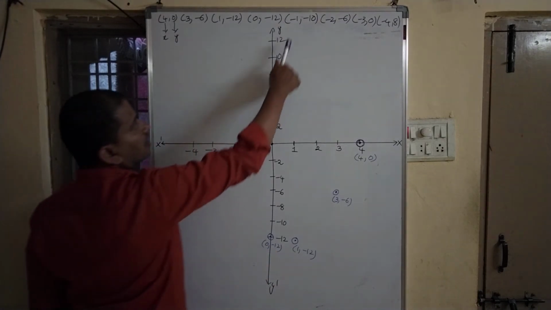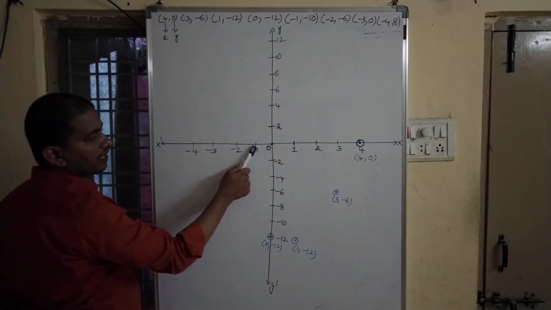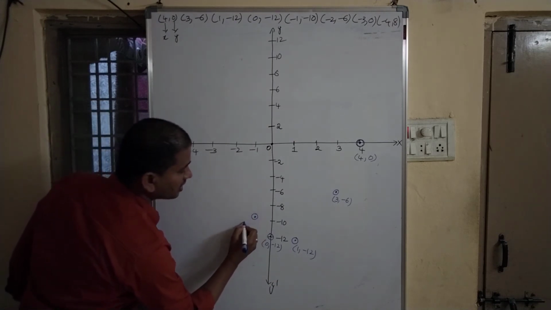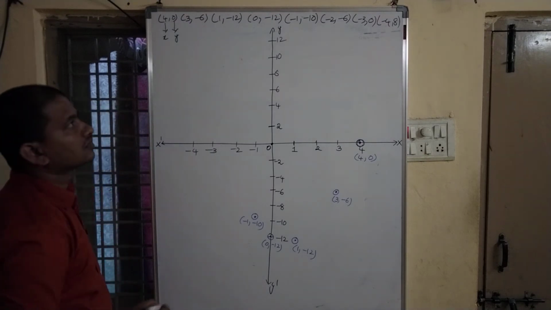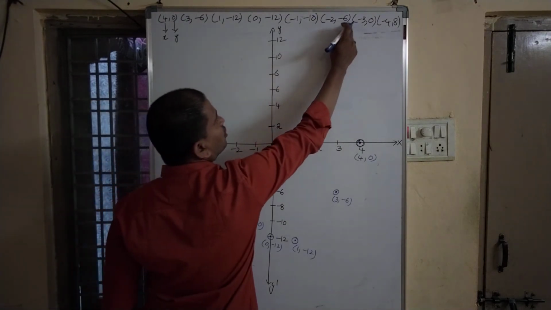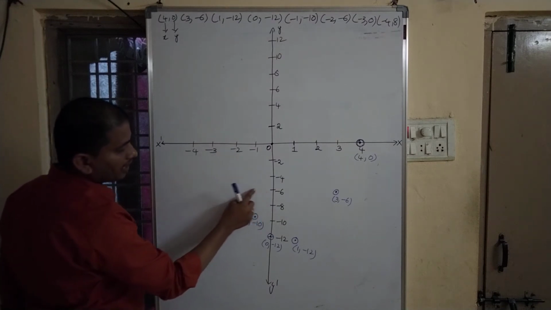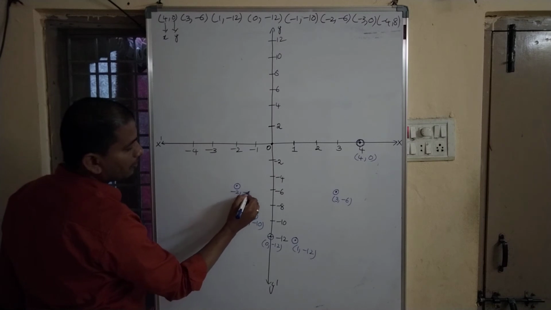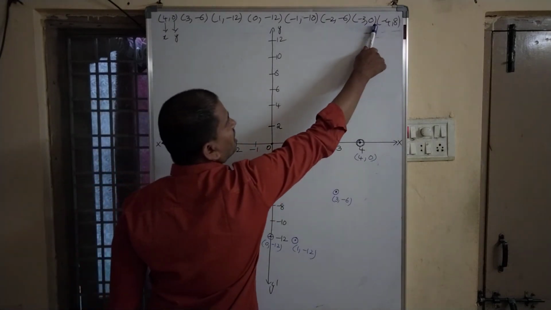The next one is minus 1, minus 10. On x-axis minus 1 and on y-axis minus 10. This is minus 1, minus 10. Next coordinate point is minus 2, minus 6. This is our coordinate point. Next one is minus 3, 0.